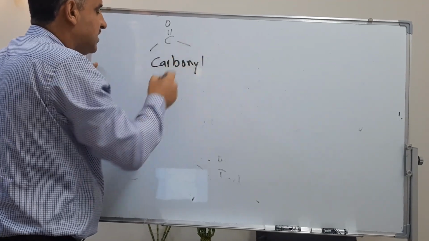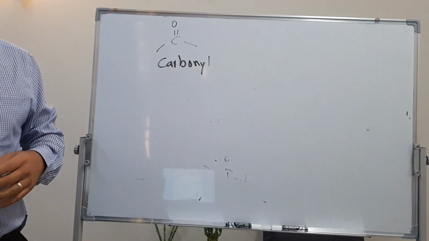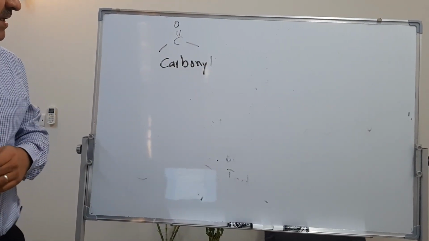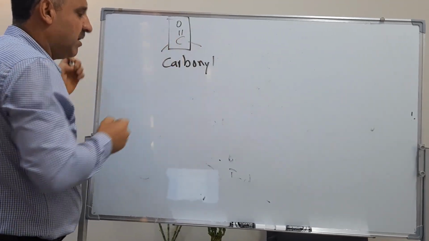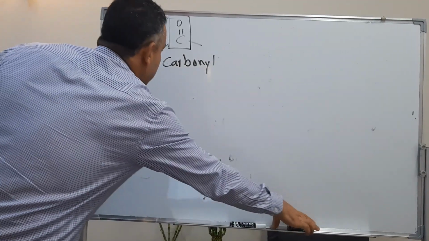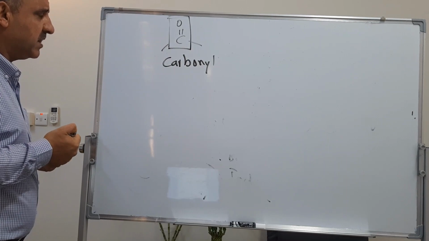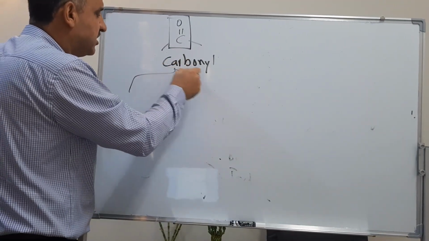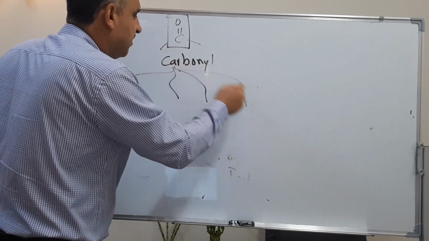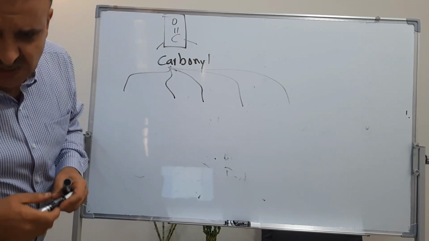But as I said, this is a general functional group. It's not a specific functional group. So whenever we have carbonyl, that means this is the system we are talking about, carbon double bond O. And there are several functional groups, each of which contains this carbonyl functional group, as you can see in slide number 6.